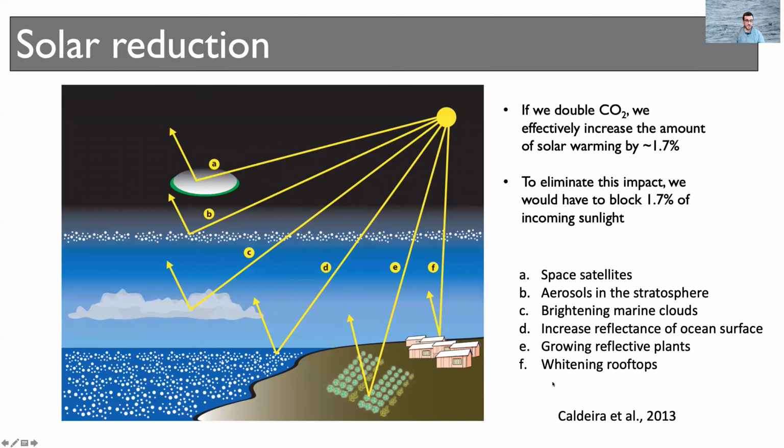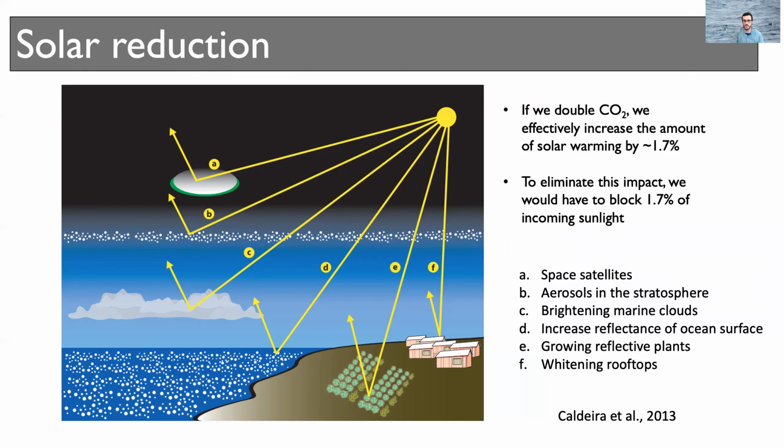Now, solar reduction says you're not going to deal with the CO2, but you're instead going to try and reduce the amount of light energy coming into the Earth's atmosphere in order to reduce warming.